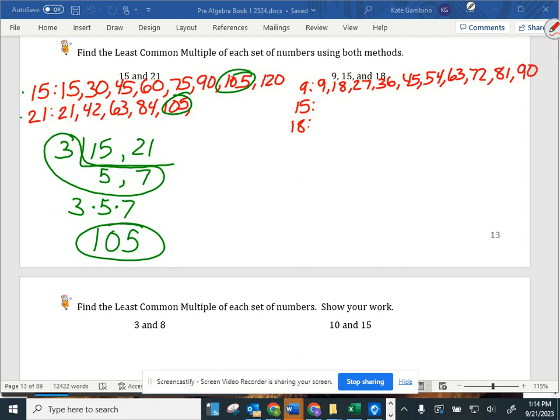We don't want to skip the 90. So I said try going out to 10 and see if you can come to it. So multiples of 15 we have listed over from the other side, so I'm just going to copy those because we already listed a bunch out.